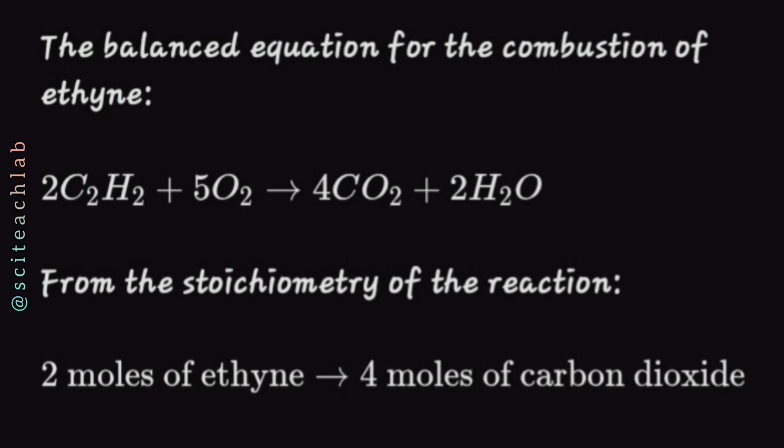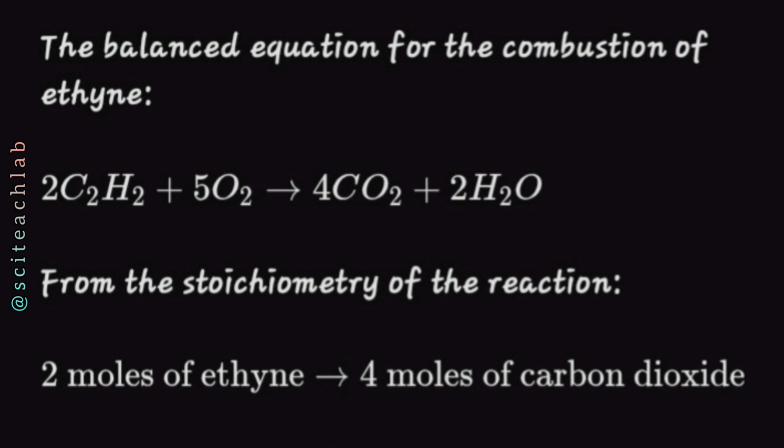Now, if we look at the equation again, we're given the mass of ethane. So that's the known species. The mass of C2H2 is known to be 104 grams. We're asked to use that species to find carbon dioxide, which is on the product side. And we don't know anything about that except the mole ratio.